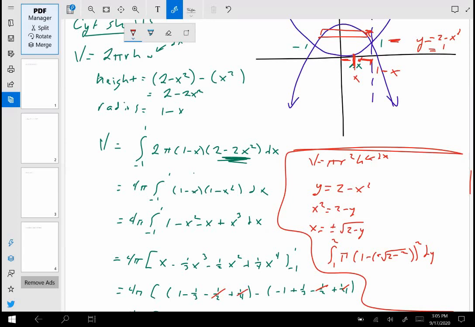So then we would do a minus integral from 1 to 2 of pi times 1 minus the positive square root of 2 minus y. There's no squared there yet. The square's on the outside of all of that. dy. So that would be the top half. And then we would do the bottom half with the other equation, but it would set up similar to that, right?